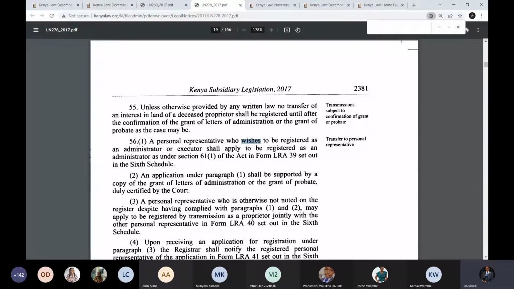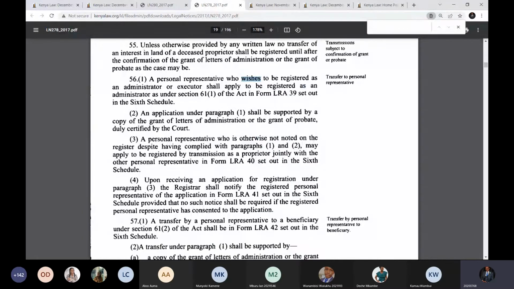So in the first transmission, what happens? Transfer goes to the personal representative. After it goes to the personal representative, the personal representative devolves it to the beneficiary. That's regulations 55, 56, 57. That's the process. So that's one issue of transmission. I'm rushing because I've already pointed out the law, and it's pretty straightforward.